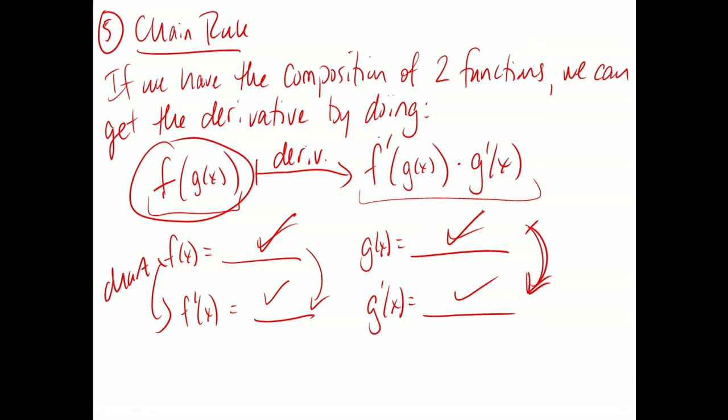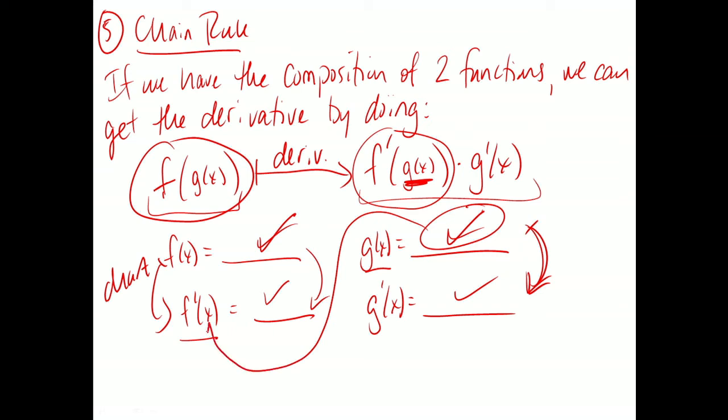This is not f prime times g. This is f prime with g plugged in to it. So when I do my four pieces down here, whatever I get for g, I'm going to plug that in to x over here, wherever my x's are.